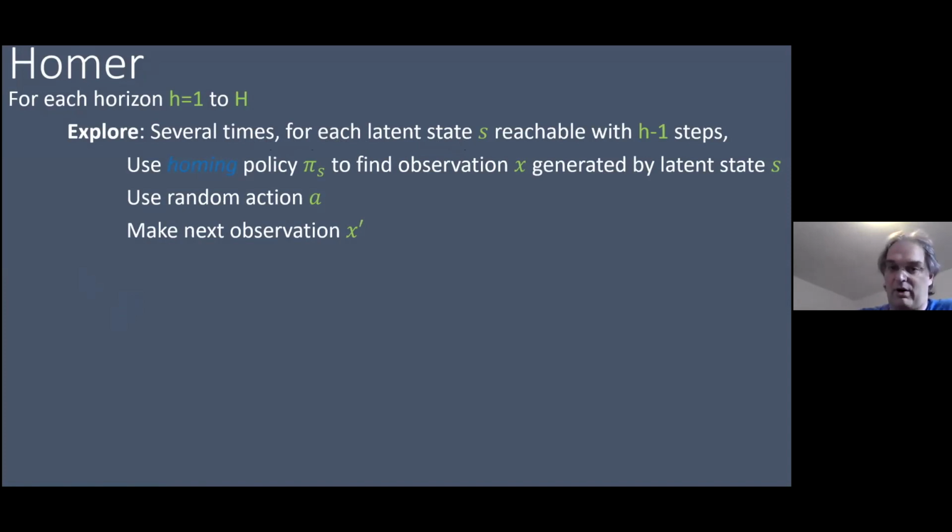And furthermore, we're going to have a homing policy, that's this phi sub s, which can reach that latent state with high probability. So we'll need to be able to satisfy that inductively in order for this to work. For each of these latent states that are reachable with h minus 1 steps, we're going to use a homing policy to find an observation at h minus 1, and then we're going to act randomly, and then we're going to make our next observation.